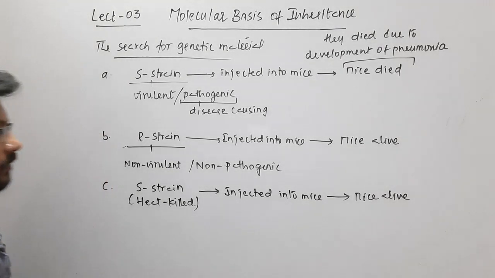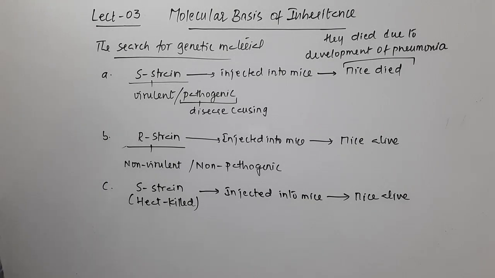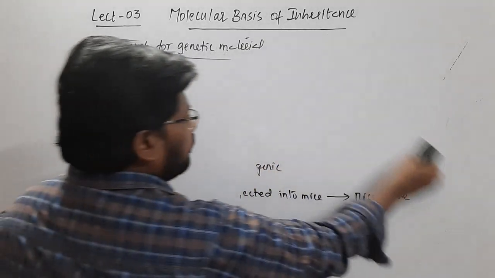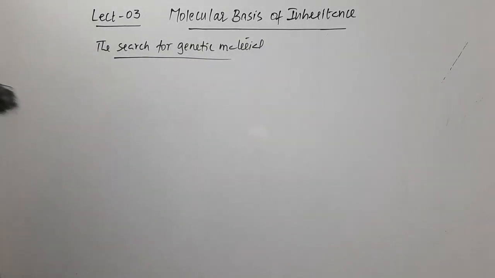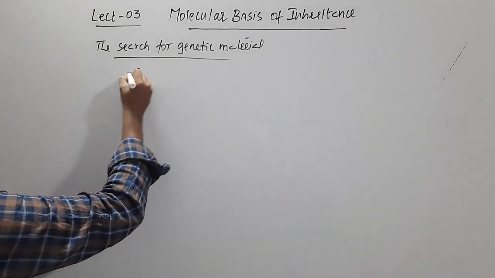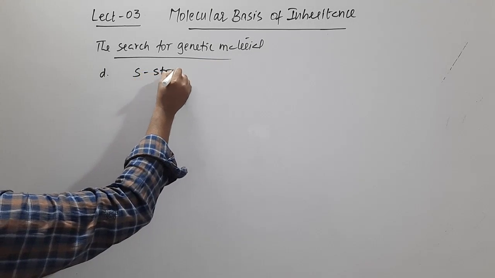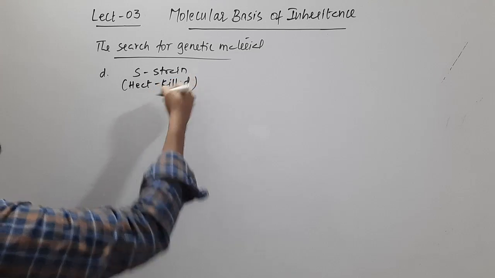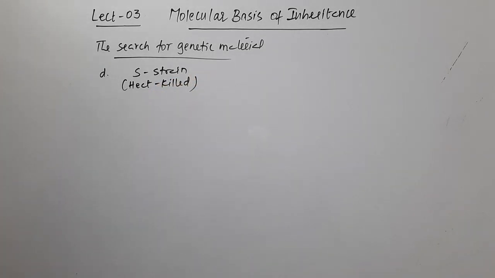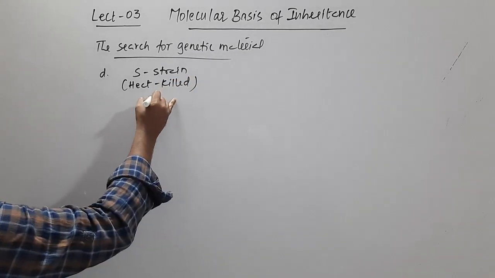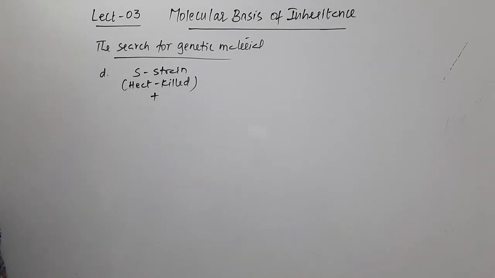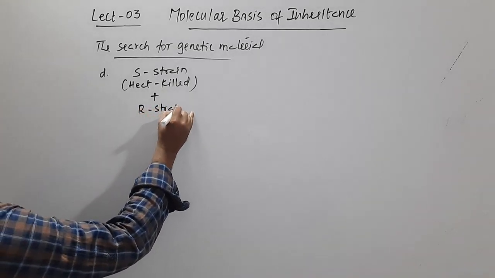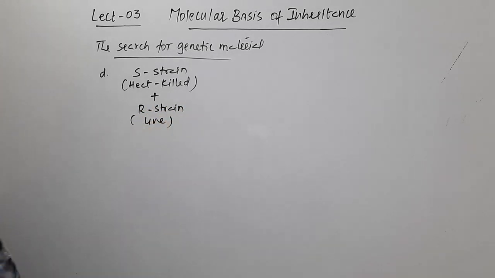Now in another experiment, what Griffith did is he again took S strain bacteria, and he heat killed them. So he killed them by exposing them to heat, and then he mixed this heat killed S strain with the R strain, and this is live.